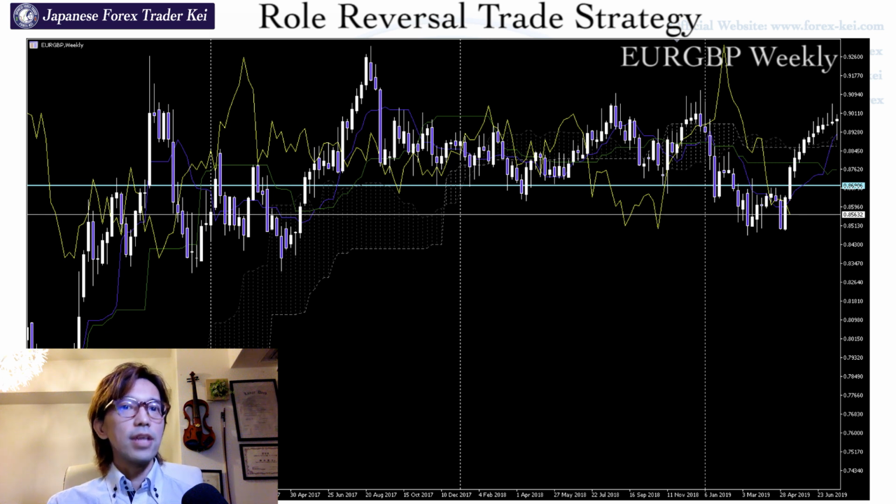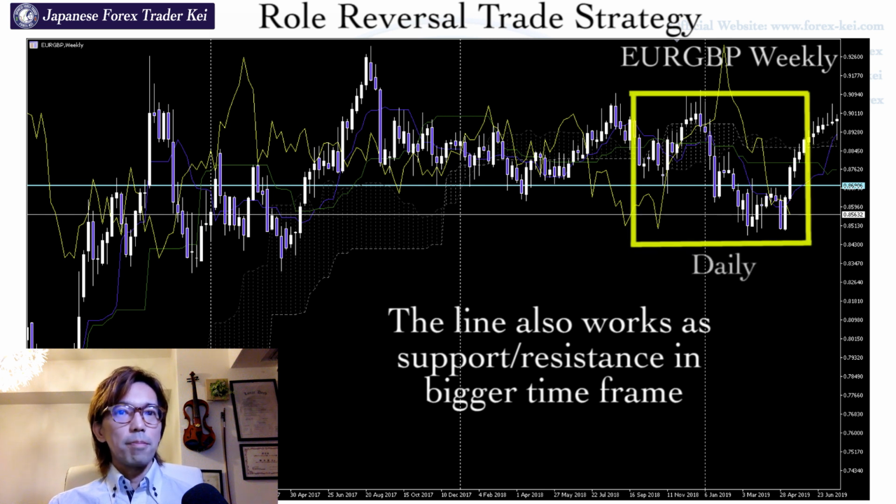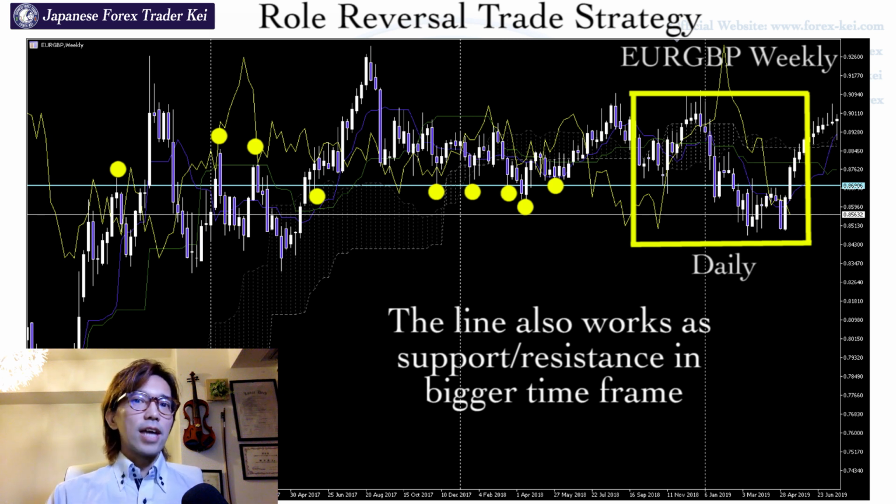This is the line that you saw earlier in daily, but when you look at this weekly chart, what do you see now? It's also being resisted and supported a couple times here, right? The daily chart was at around here, but when you look in the past on this weekly chart, on these spots, you can also see that it's being clearly resisted and supported a couple of times here. So now you can see why this line was working in daily time frame as well, right?